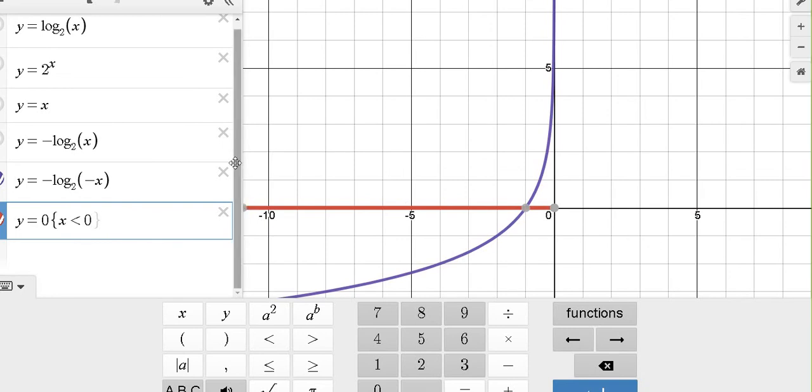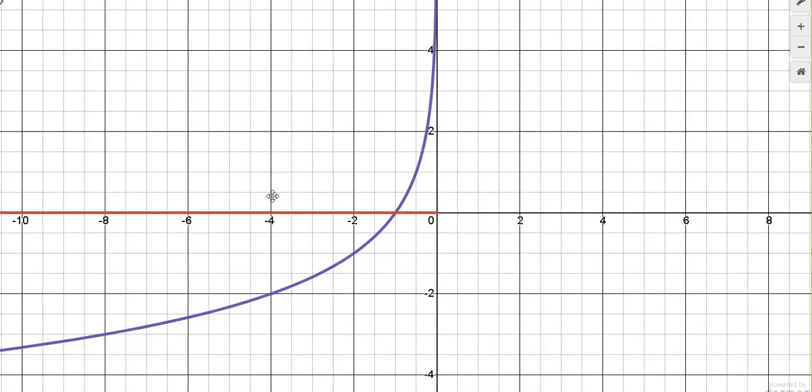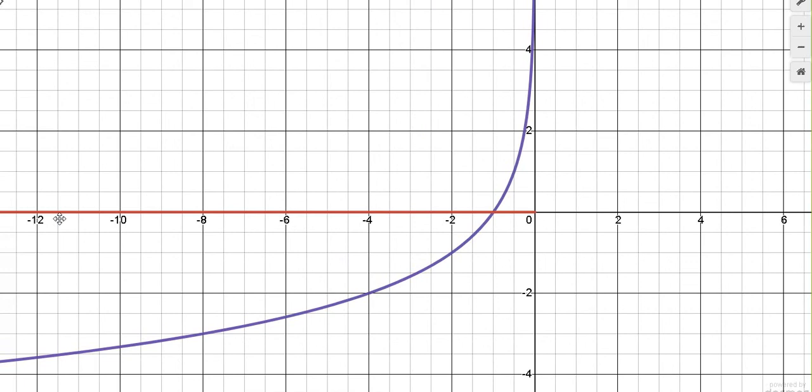So that range of values on the x-axis goes from left to right, from negative infinity to 0. So that's going to be our domain. Negative infinity to 0.